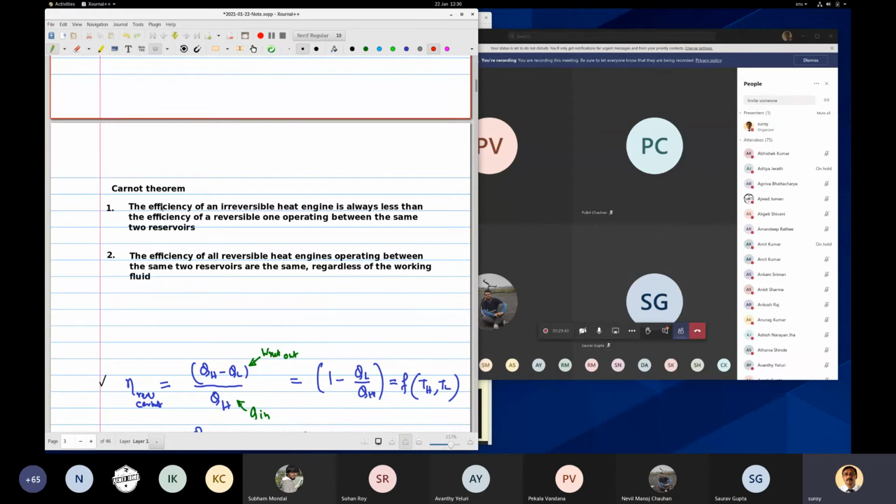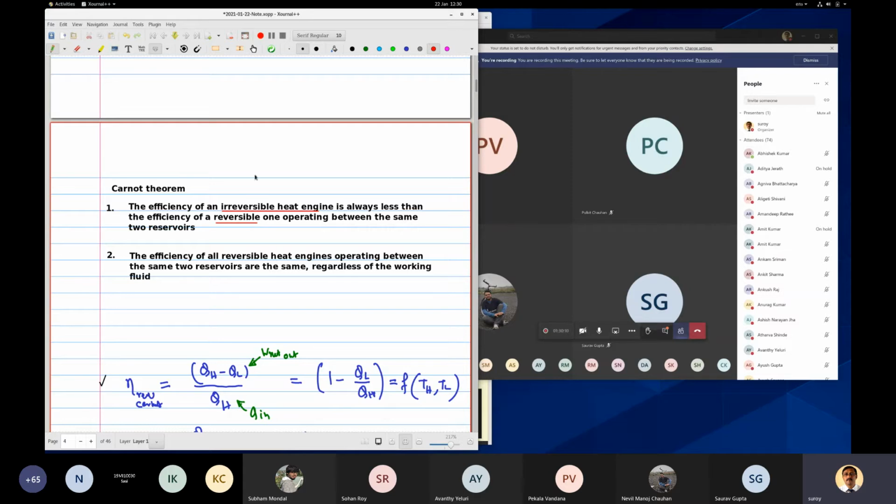So the Carnot theorem says that the efficiency of an irreversible heat engine is always less than the efficiency of a reversible one operating between the same two reservoirs.